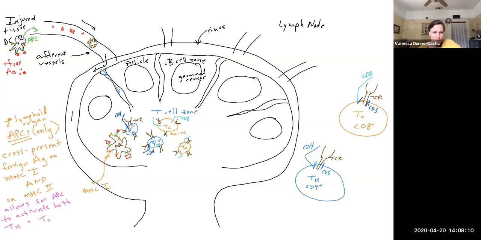So let's try to draw a picture, and I'll show you this concept of cross-presentation here on APCs. It doesn't usually happen this way, but I'll try to draw it anyway.